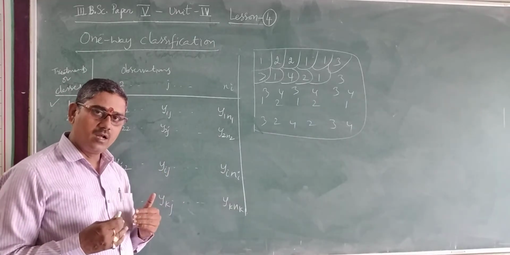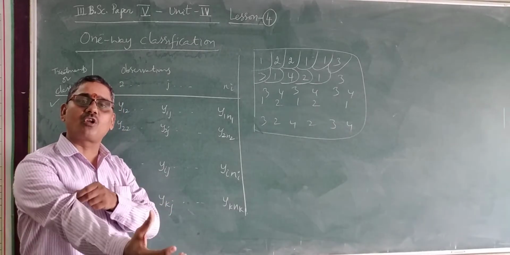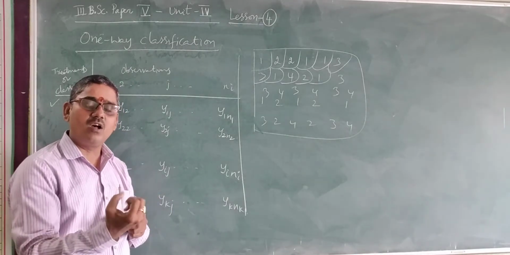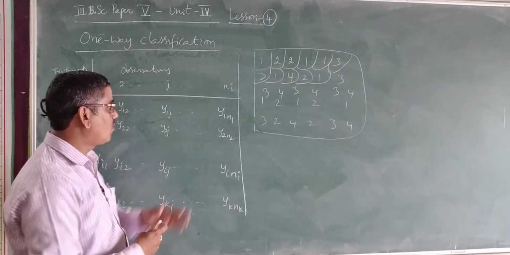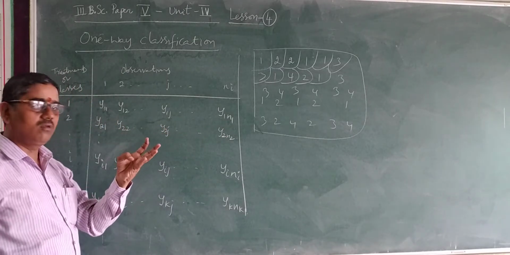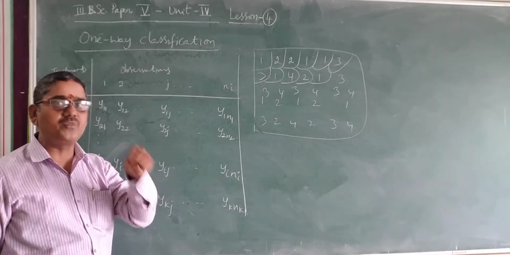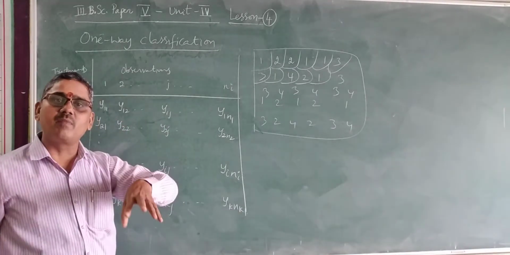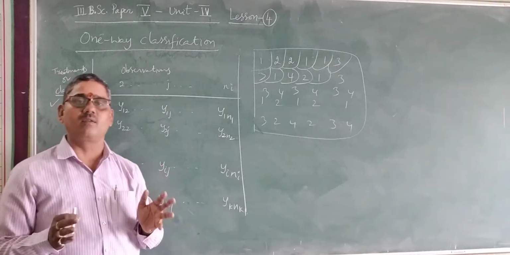We have taken all the yields of the crop from the various experimental units, and we have classified them in this fashion: y11, y12, y1n1, which are the observations from the first treatment, from the first class. We have formulated it as class 1.